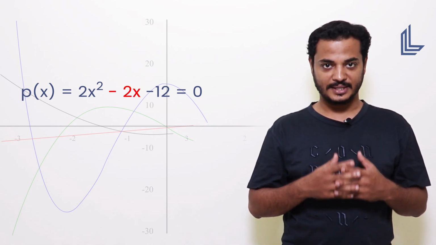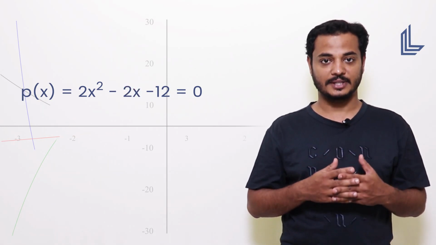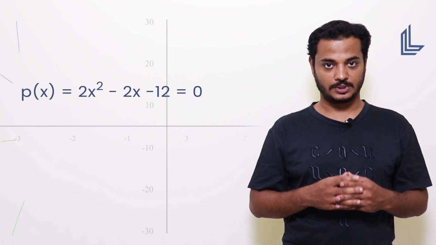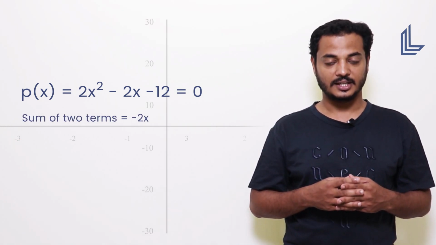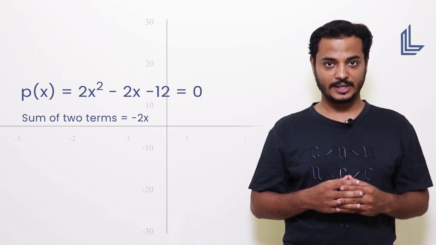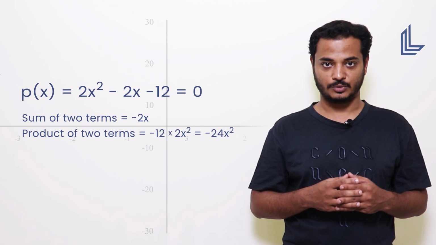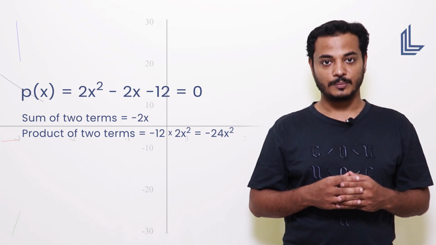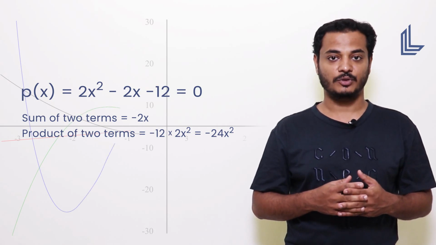You look at the middle term, that is minus 2x, and you have to split this middle term into two terms such that the sum of these terms is equal to minus 2x and the product of these two terms will be equal to minus 12 into 2x squared, that is minus 24x squared.